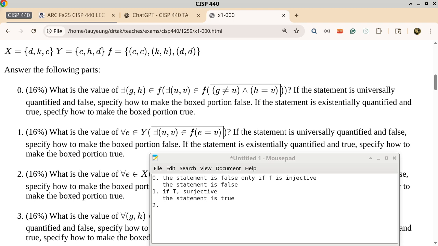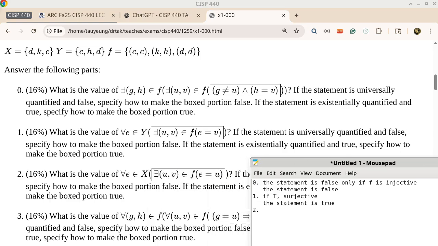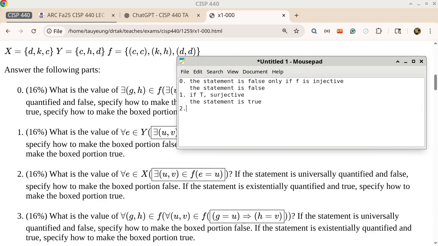Mm, okay. You guys can come ask me what kind of format I'm expecting from the answer, right? I mean, hmm? Yeah, that is true.